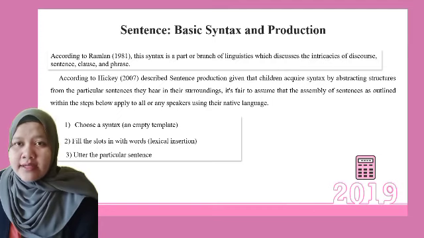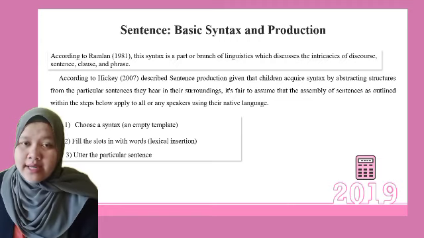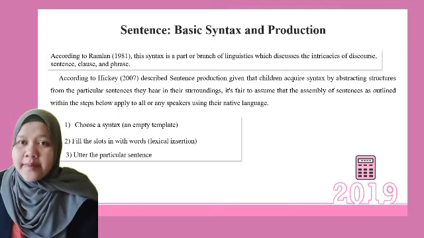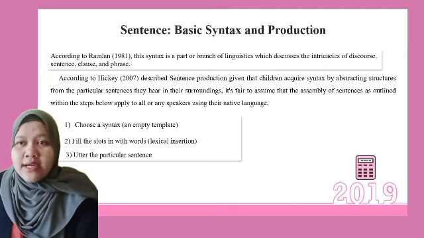And then, according to Hickey, 2007, who described sentence production, given that children acquire syntax by abstracting structures from the particular sentences they hear in their surroundings, it's fair to assume that the assembly of sentences as outlined within the steps below applies to any speakers using their native language.